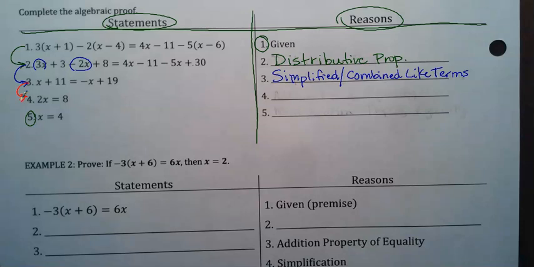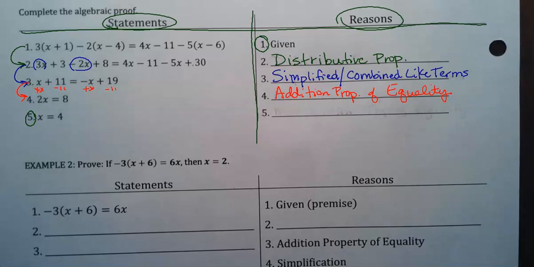Well, I added x to both sides, and I subtracted 11 to get here. So if I'm just doing addition and subtraction, that's the addition property of equality, and it's of equality because we're doing it to both sides of our equation. We didn't just do one side.